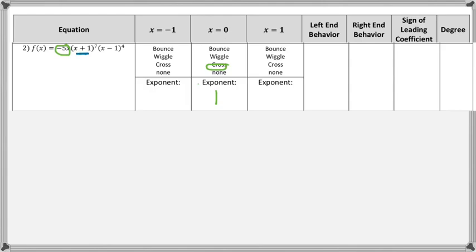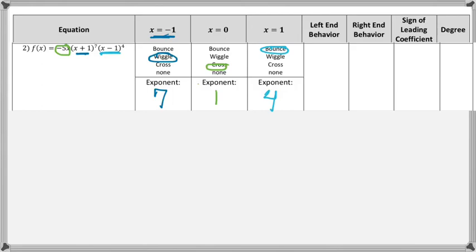So this is going to be our negative 1 column, and the exponent on that was 7. So 7 is an odd, non-1, so it's a wiggle. And then the last one is my x minus 1, which will change into x equals positive 1. The exponent on that is 4, and 4 is even, so it's a bounce.